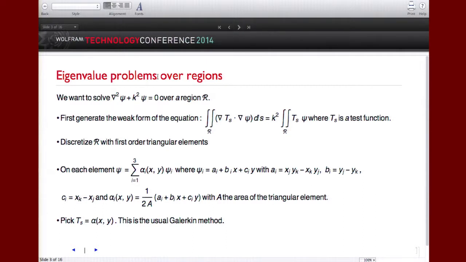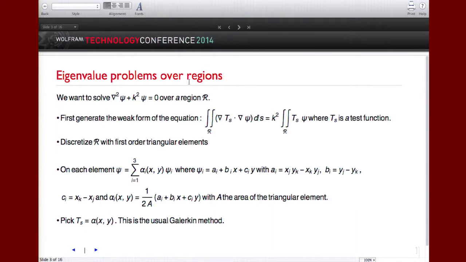So we have a differential equation here that we want to solve over some region, script R, okay, and we generate the weak form of that equation where t sub s is some test function, okay, and I'll discretize R with first-order triangular elements.